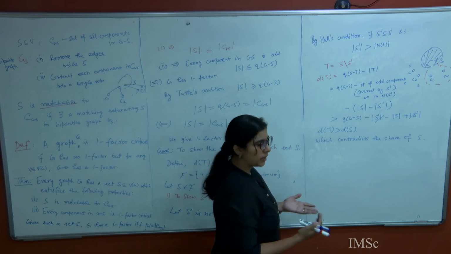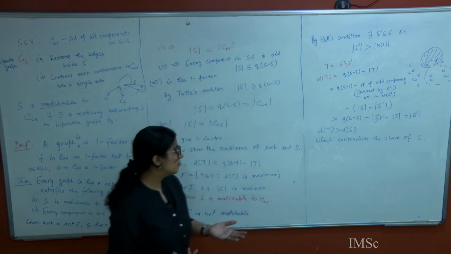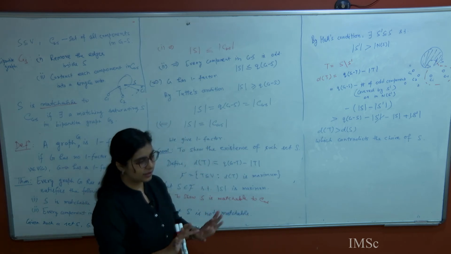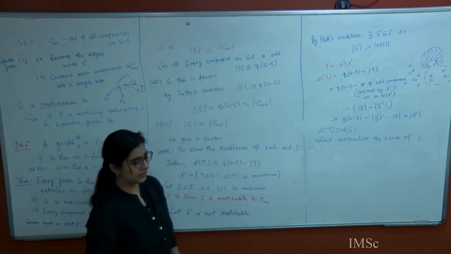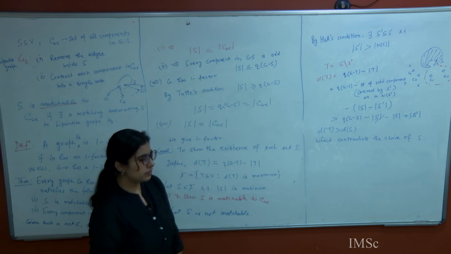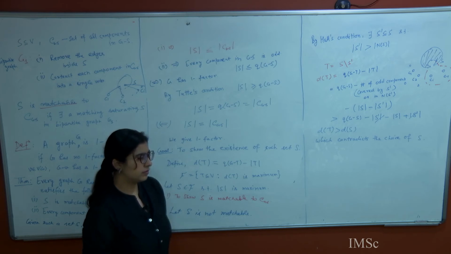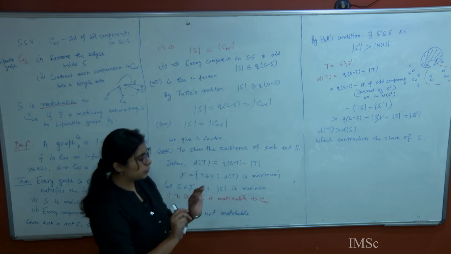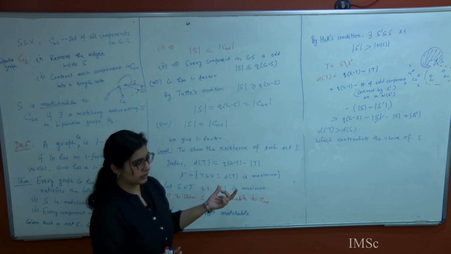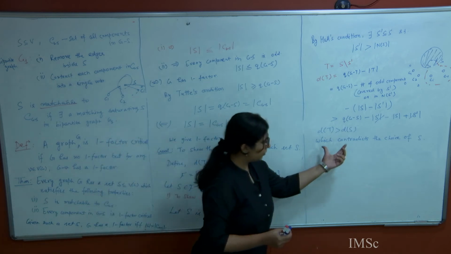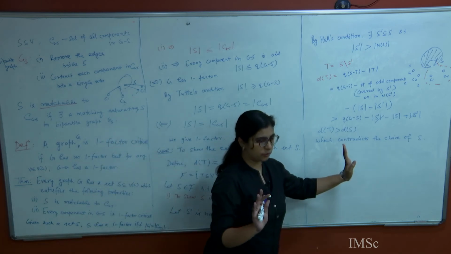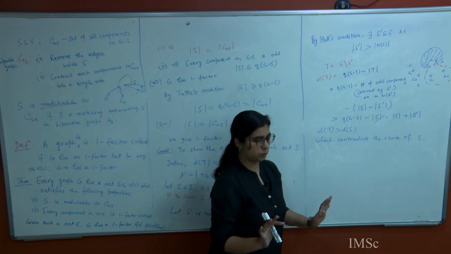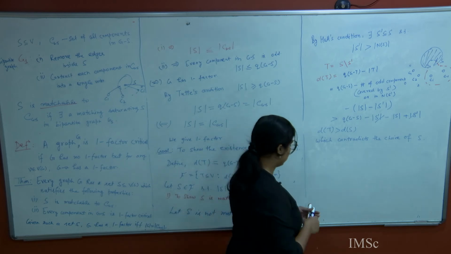Yeah, maximum cardinality. There is no harm in choosing a maximum cardinality set. If maximum cardinality is used somewhere in the proof, then probably we want to have it. Yeah, so we'll see. We have just proved the first property yet. So, here we are done with the first property. S satisfies the first property because of the contradiction.